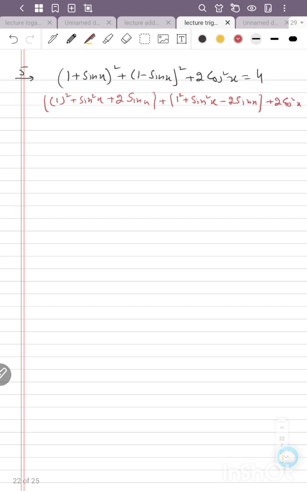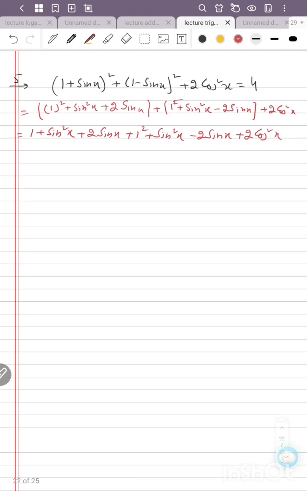cos square x. Okay, how to solve this one? Here the first is 1 square plus sine square x plus 2 sine x. Next one is 1 square plus sine square x minus 2 sine x, plus 2 cos square x.